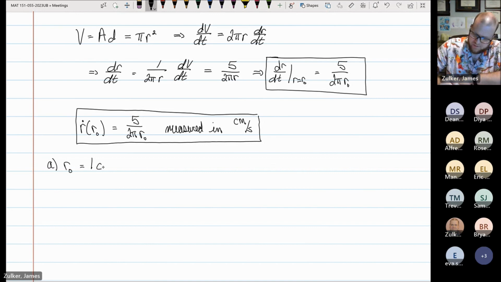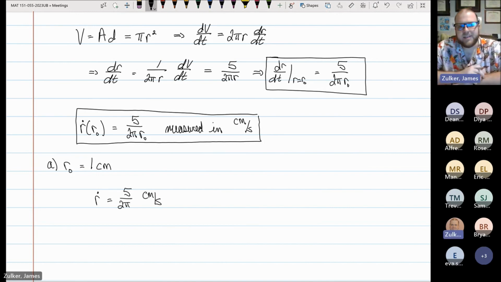Right, so we wanted what? We wanted 1 centimeter. Radius is growing at a rate of 5 over 2 pi centimeters per second.